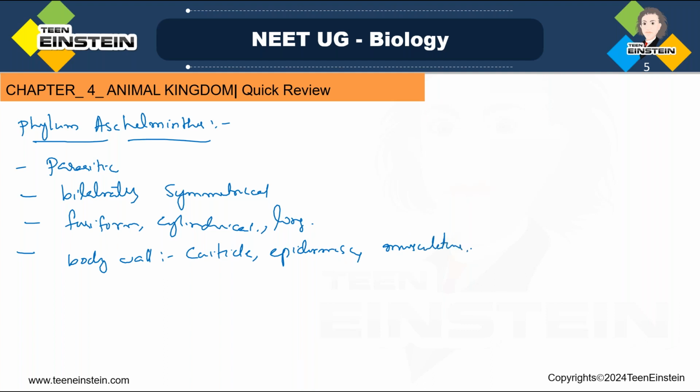And they possess a false body cavity, pseudocoelom, which is not lined by mesodermal epithelium, and this is derived from the embryonic blastocoel. So first we need to write, they have a false body cavity, pseudocoelom.